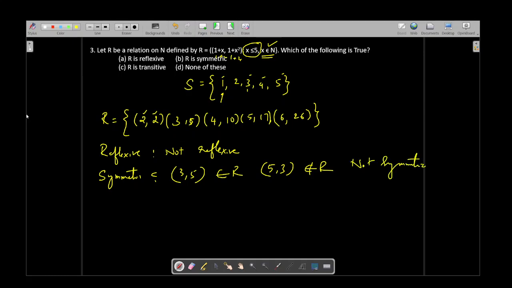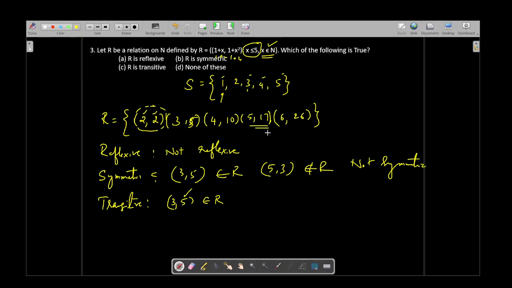Not symmetric. Let us check for transitivity. Let us take this example 3 comma 5. 2 comma 2 is self transitive, that we know. We'll check the next pair, which is 3 comma 5. 3 comma 5 is a member of R. Now I'll check any ordered pair which starts with 5.